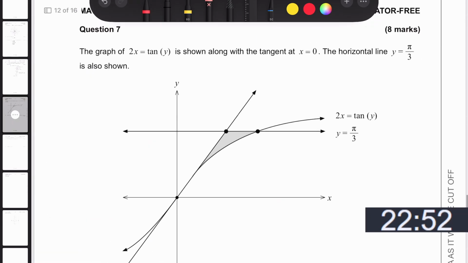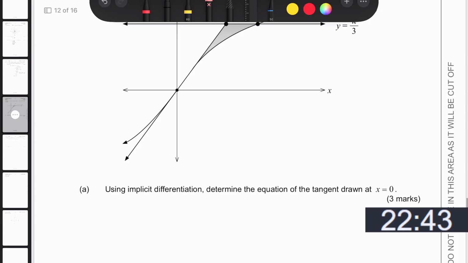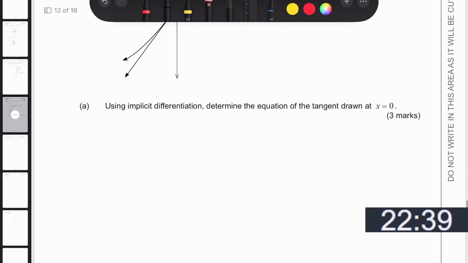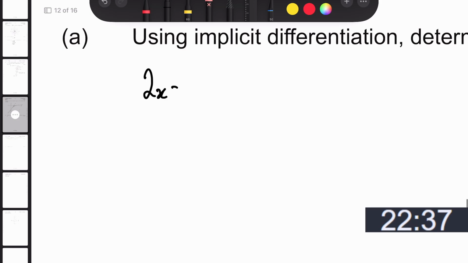Yeah. The graph of 2x equals tan of y, showing the tangent along the horizontal line, is shown below. Using implicit differentiation, determine the equation of the tangent at x equals 0. So we have that 2x is equal to tangent of y.